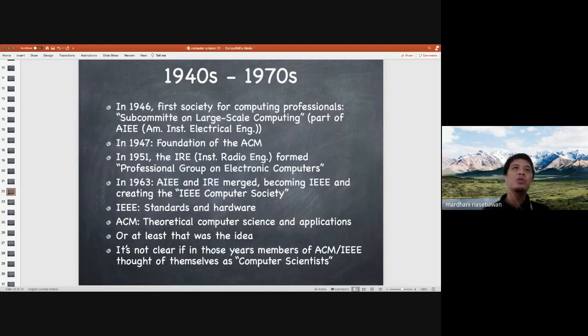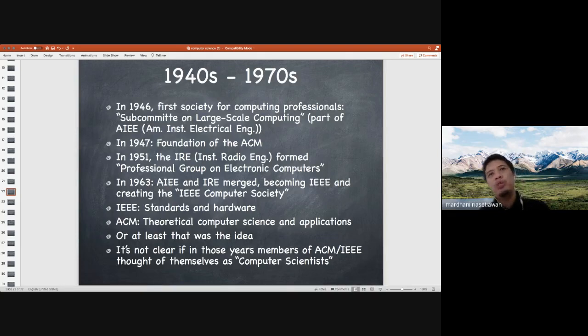In the decades from the 40s to the 70s, we see a lot of computers become famous, and in 46 we have the first society for computing professionals. They called it the subcommittee on large scale computing. This was part of the American Institute of Electrical Engineers, and it became the ACM in 47.